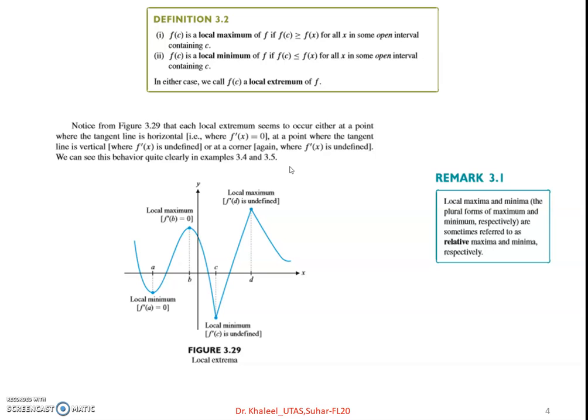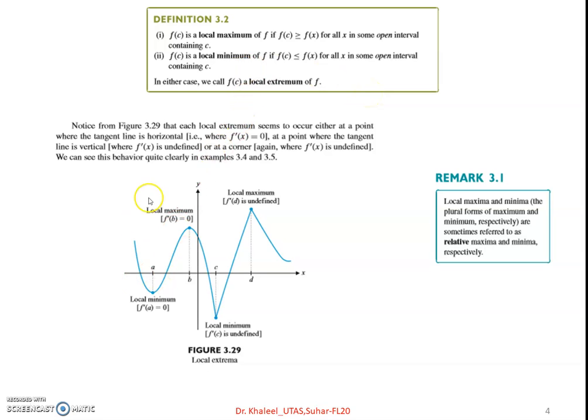The definition of absolute maximum, absolute minimum and local maximum and local minimum is the same, that is this part. The only thing is that here I change it to: for all x in some open interval of the domain, that is capital S.